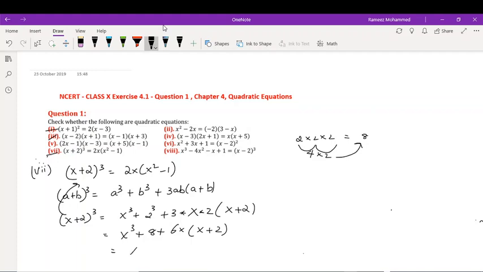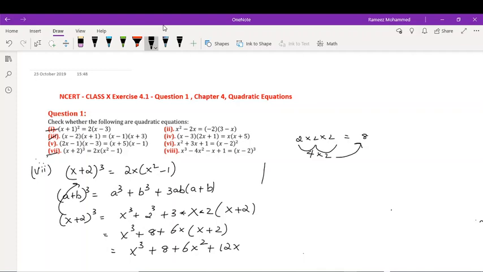You can rewrite this as x cube plus 8 plus 6x multiplied with (x plus 2). What you'll get is 6x square plus 12x. So this is the final expansion for (x plus 2) whole cube.